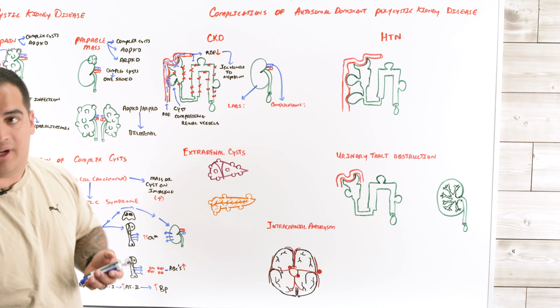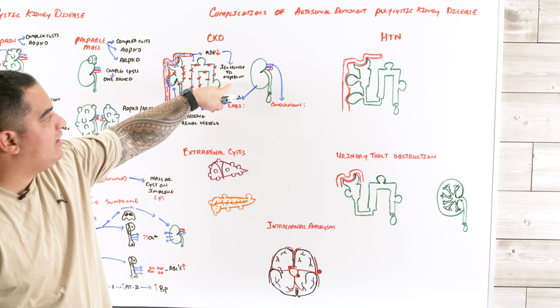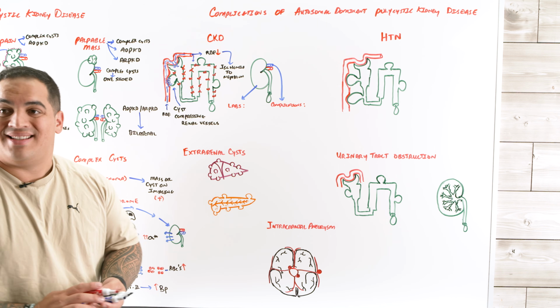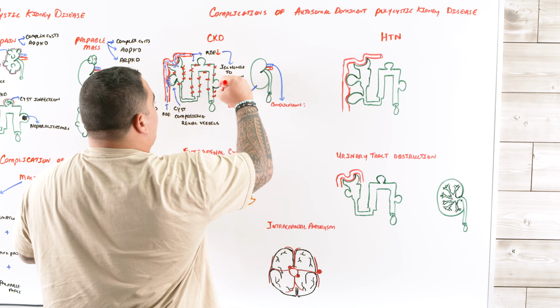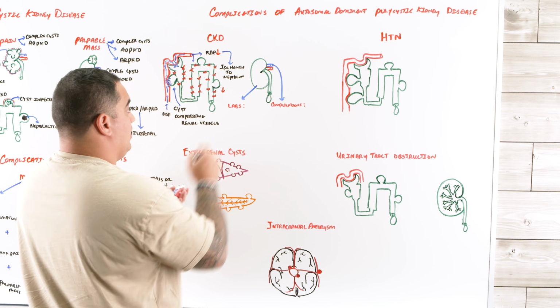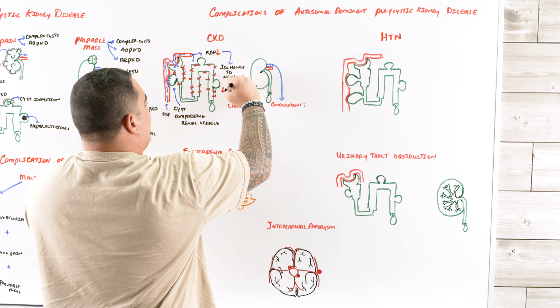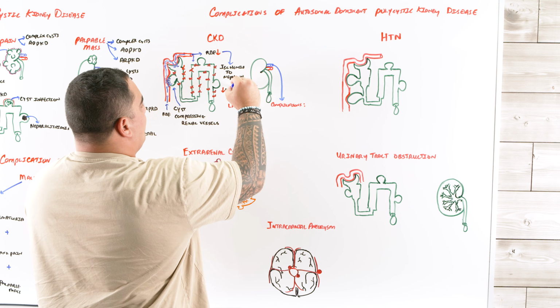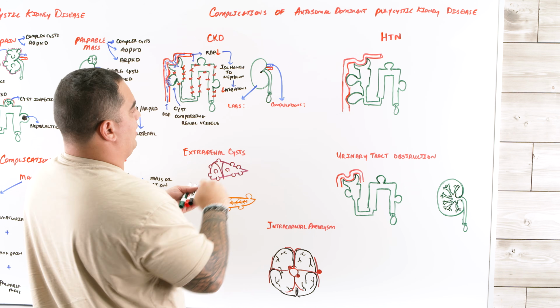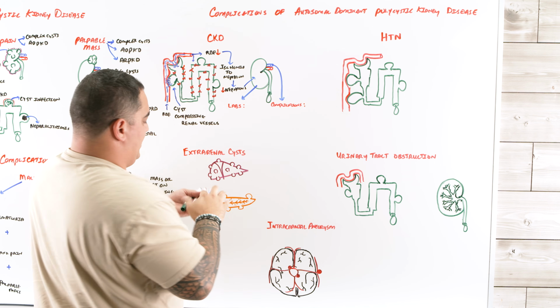It stops working. As I have ischemia to nephrons over time, this leads to loss of nephrons. With a decreased nephron number, you then lose the function of the kidneys. As I lose the function of the kidneys, what's going to happen? I'm going to have a diseased kidney.